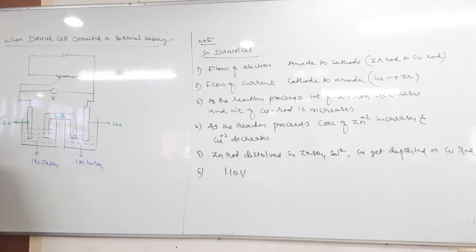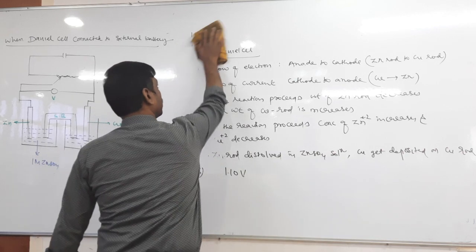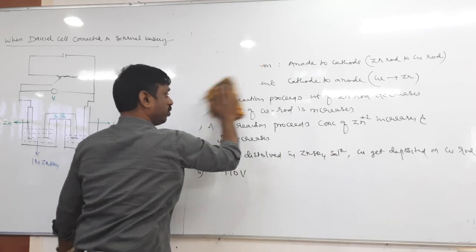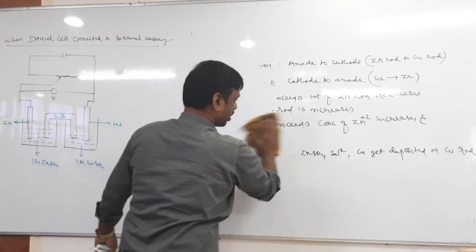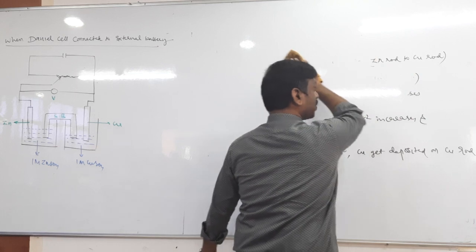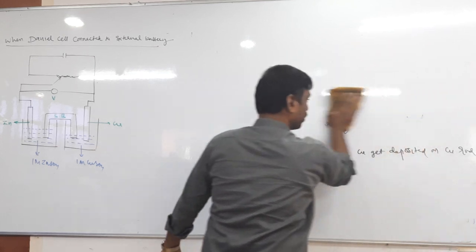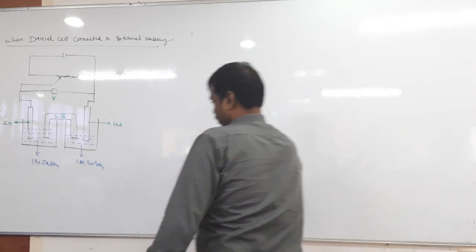Now let's see, there are 3 conditions when Daniell cell is connected to external battery: when the battery potential is equal to Daniell cell potential, when battery potential is less, and when battery potential is more.